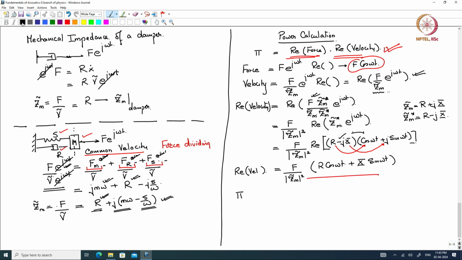So that I get instantaneous power is equal to F squared cos omega t by magnitude of mechanical impedance squared, R cos omega t plus X sin omega t.